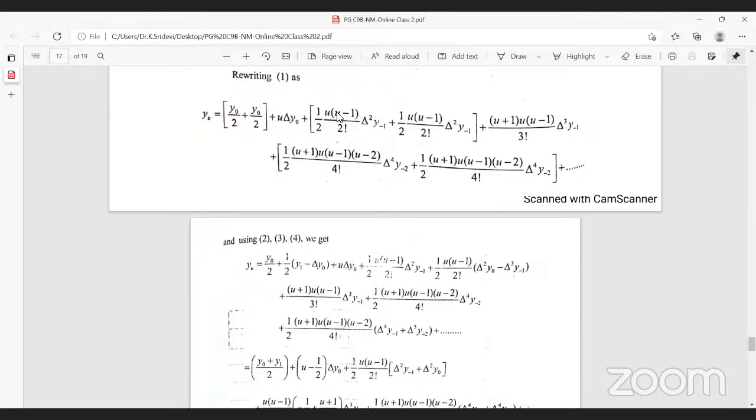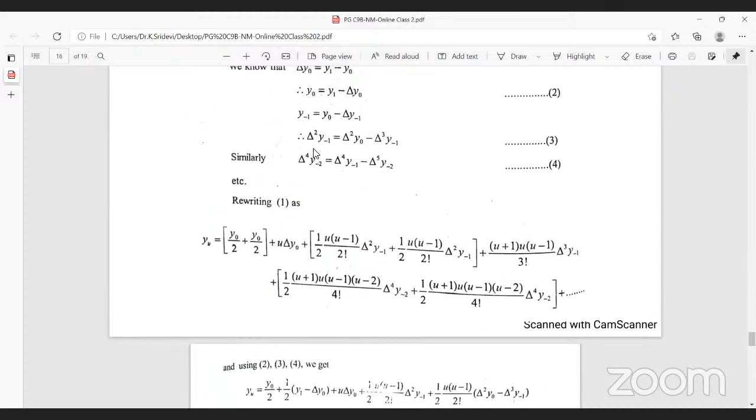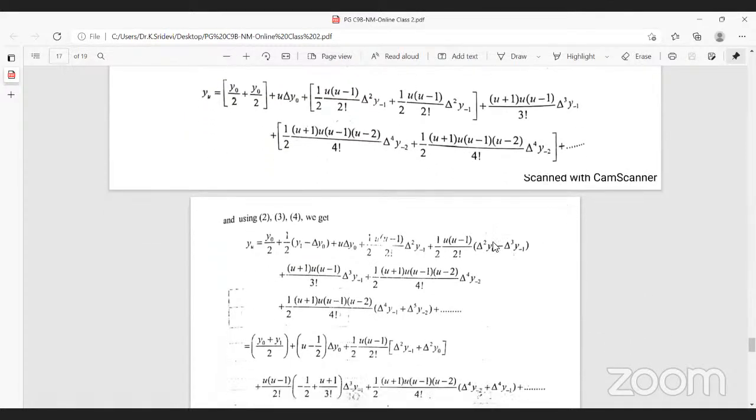Take this term as it is, plus change the next term, 1 by 2 u minus 1 by 2 factorial delta square y minus 1. What is delta square y minus 1? Substitute this expression in this one.